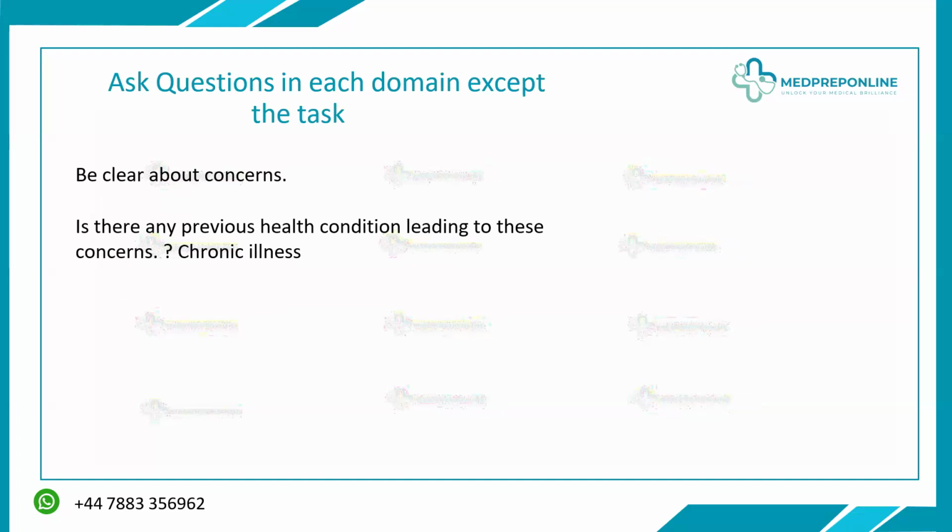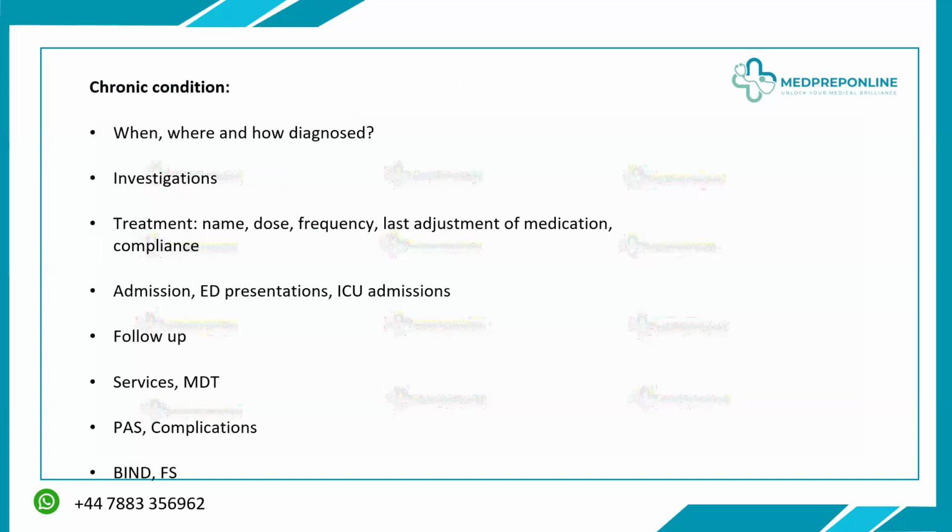So you can be aware about any chronic health condition that the child is having. Is it a new complaint, or is there any ongoing chronic condition like cystic fibrosis or anything that you will be aware of by this point.